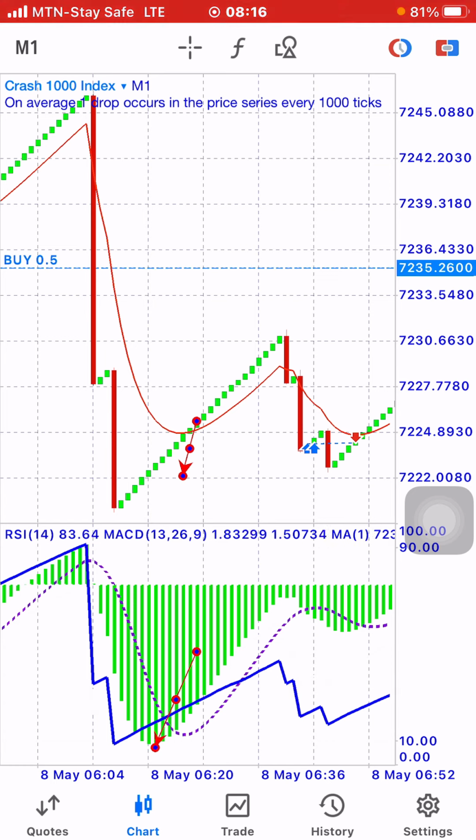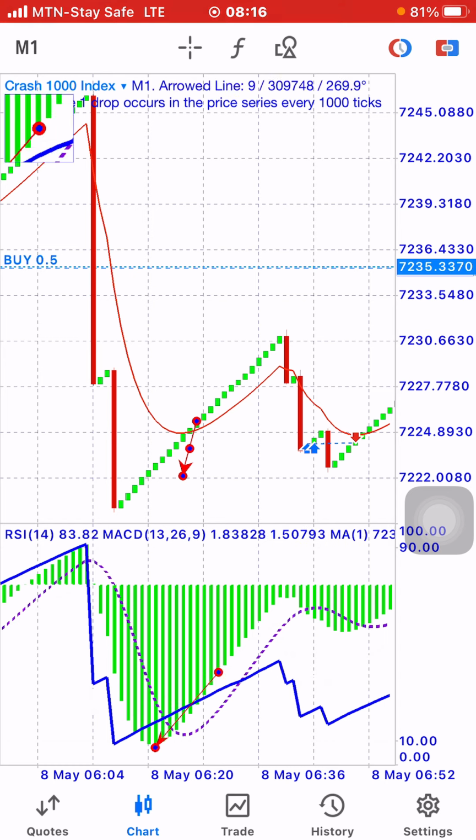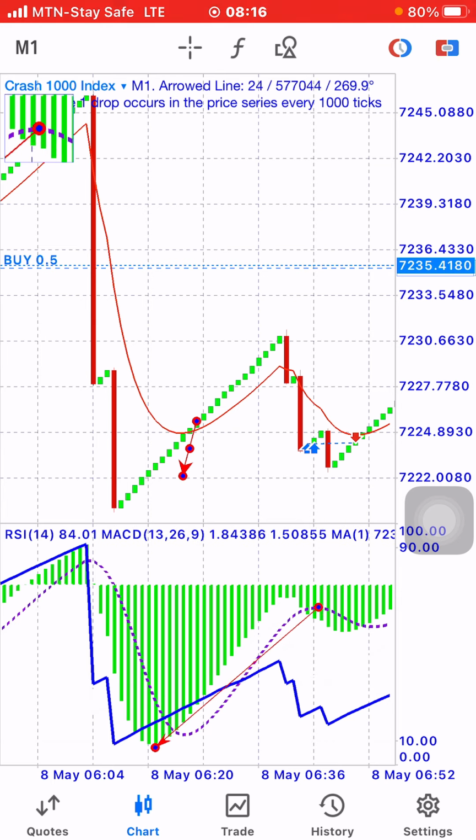We exit again whenever the purple line and the blue line down here cross again. Look at this place. Look at the point it crossed before and look at the point it crosses again. So once it crosses again like this, or it's about to cross, sometimes you don't even need to wait until they cross again.